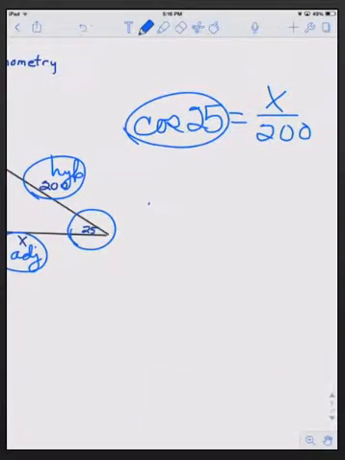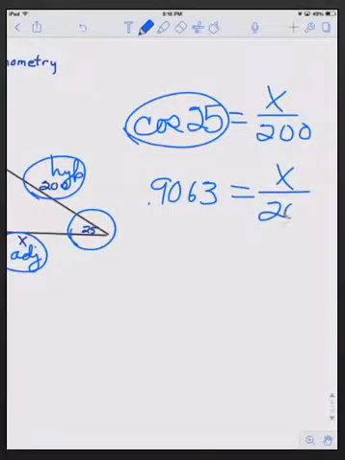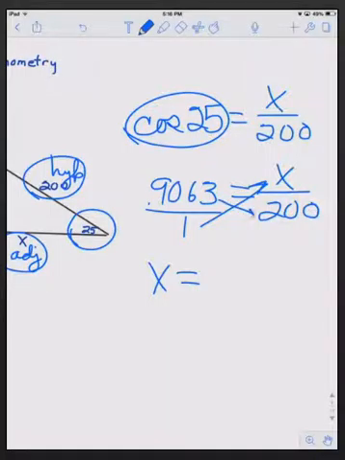So we have 0.9063. If that equals x over 200, we can put the 0.9063 over 1, cross multiplying, we have 1 times x equals 0.9063 times 200.